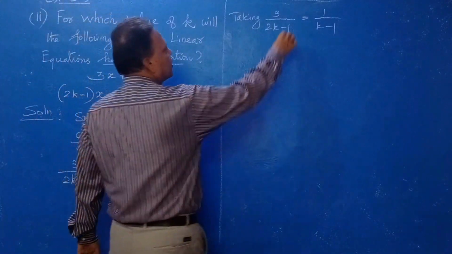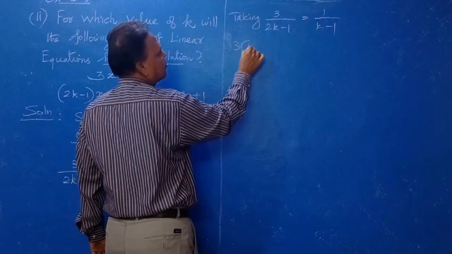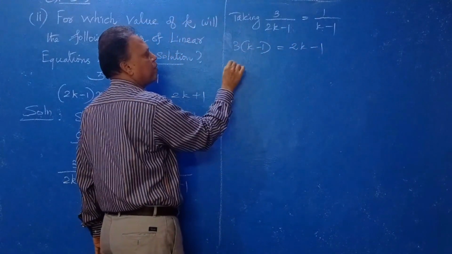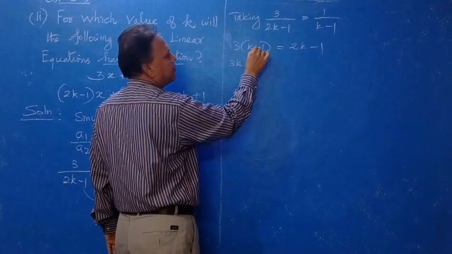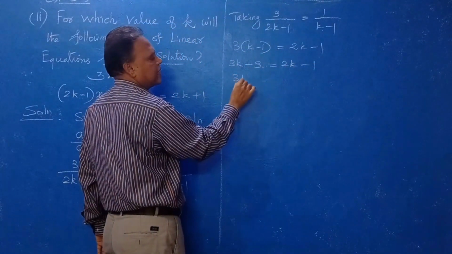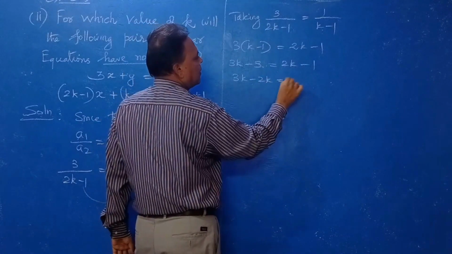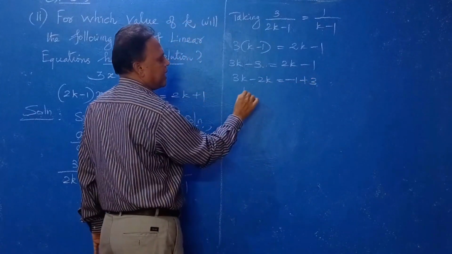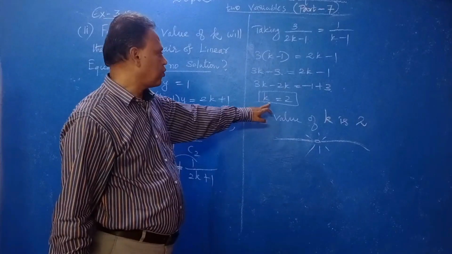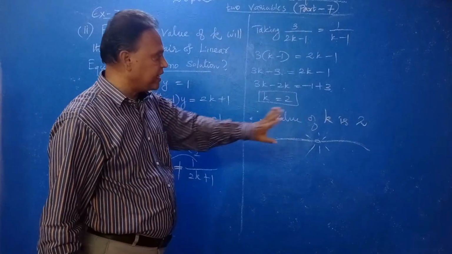So cross multiplying, 3 into k minus 1 equal to 2k minus 1. Now remove the bracket: 3k minus 3 equal to 2k minus 1. Bring the k terms to one side. k equal to 2. Therefore the value of k is 2.